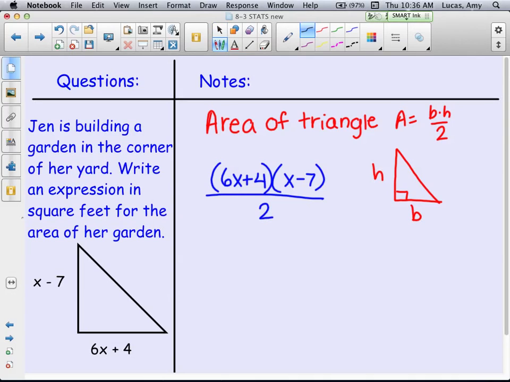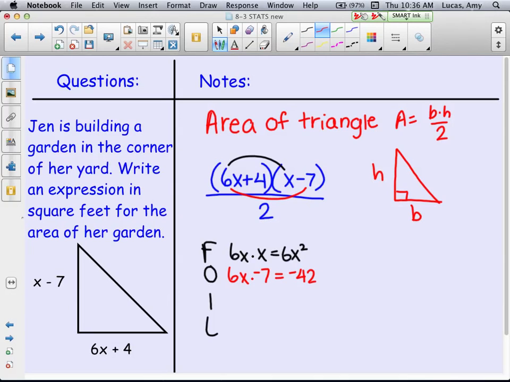So let's do our FOIL. So first, 6x times x, 6x squared. Outside, 6x times negative 7, negative 42x. Inside, 4 times x, 4x.